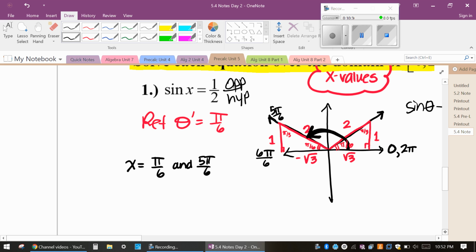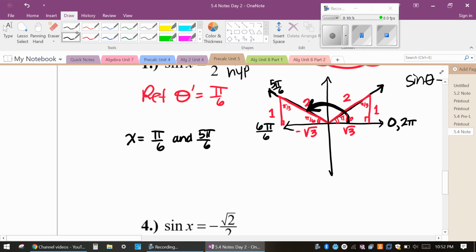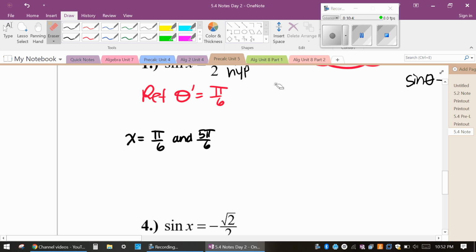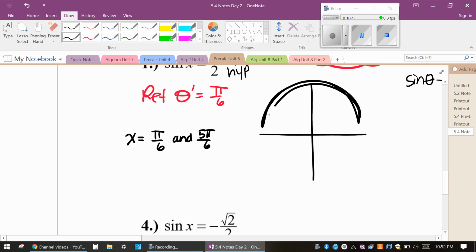Another way that I can explain this to you, and I have explained it before, is as soon as you know your reference angle is pi over 6, cut this half of the circle into 6 parts, 6 equal parts.